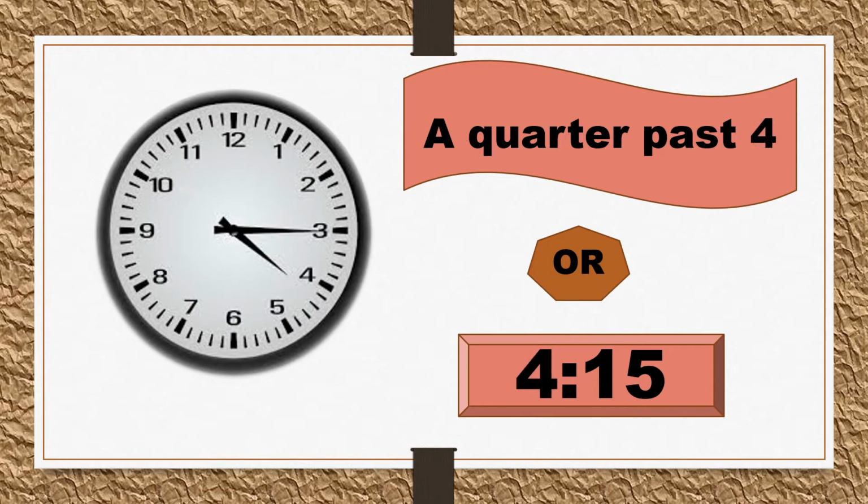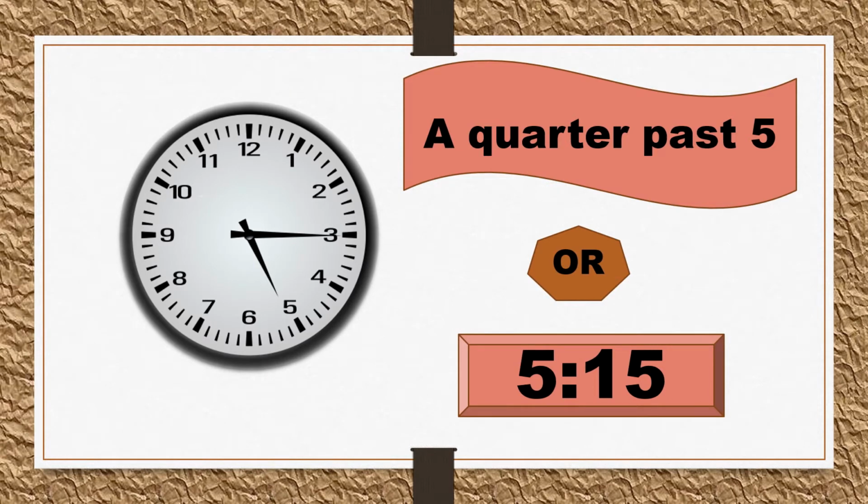Children, now observe the hands in the given clock. The minute hand is at 3 and the short hand, meaning the hour hand, is a little after 4. So, we say that the time is 15 minutes past 4 or a quarter past 4. We write it as a quarter past 4 or as 4:15.